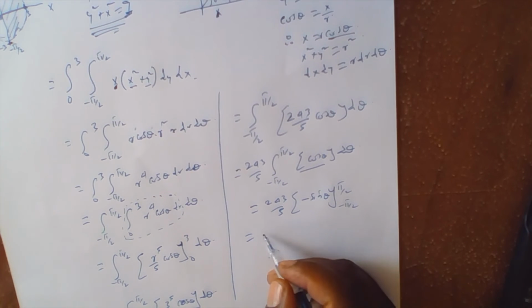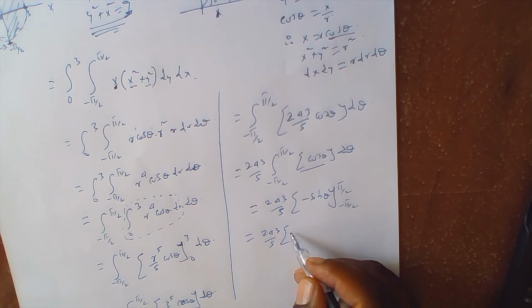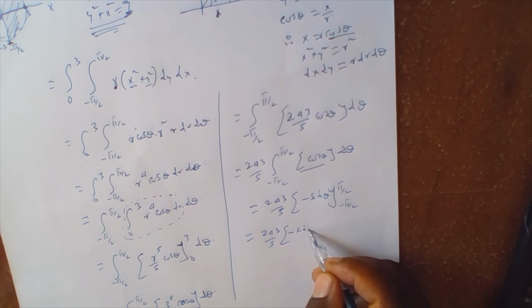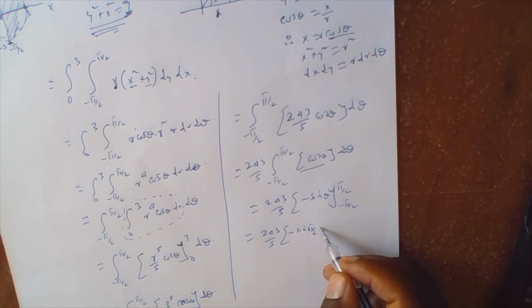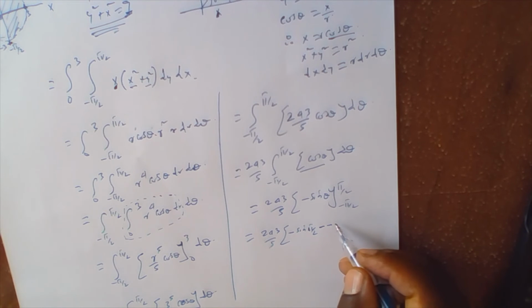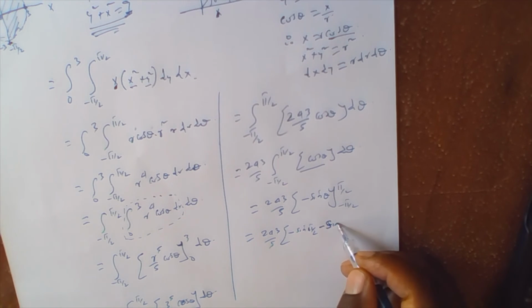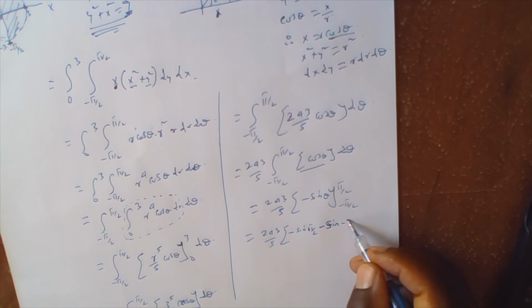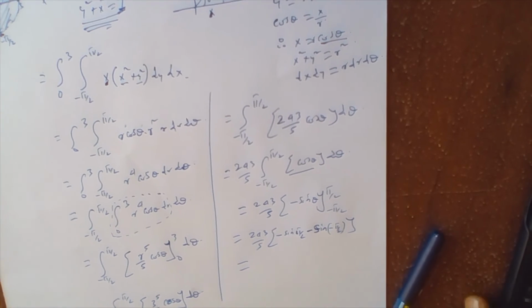And we now substitute, it will be minus sine pi over 2, then minus minus sine of negative pi over 2.